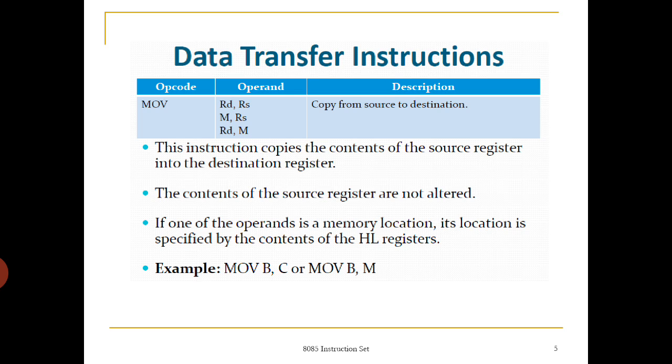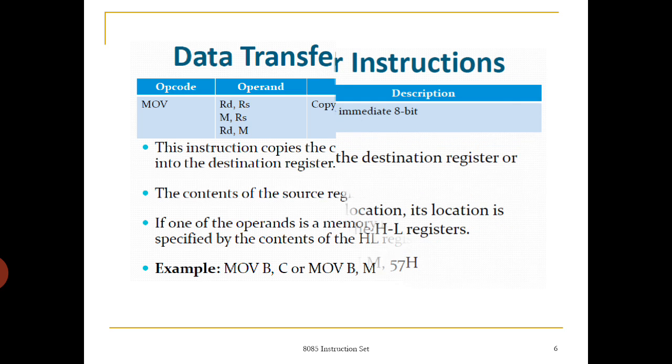See here, MOV B, C means it copies the content of C to B. So C is the source and B is the destination. MOV B, M means here memory is the source and the destination is B. The format is MOV Rd, Rs, meaning destination and source. So this is a data transfer instruction, that is the MOV instruction.